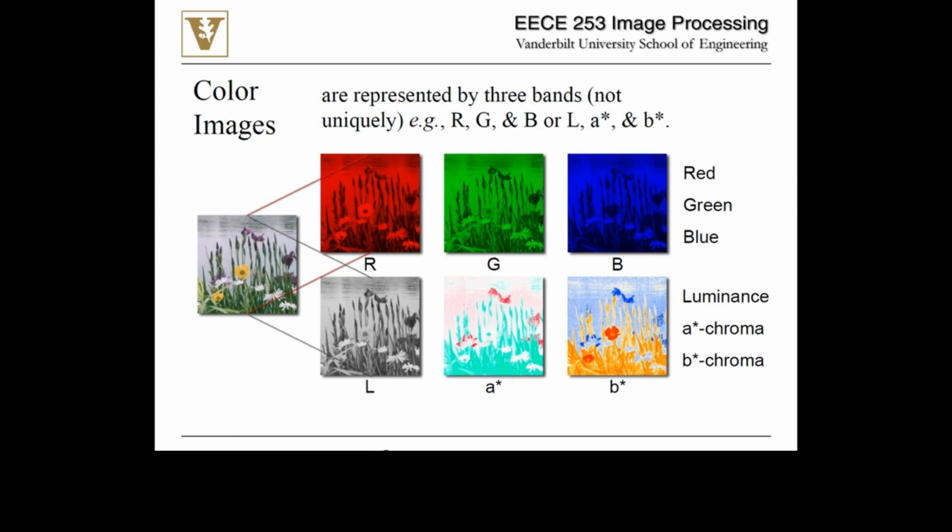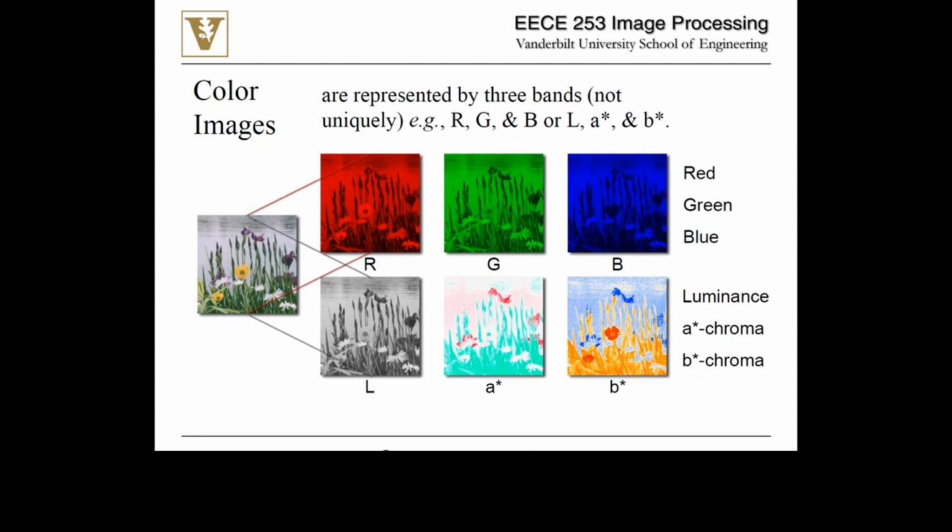So for instance, we can have the RGB that we are already familiar with, but we can also construct something that is decomposed into luminance, that is basically how many photons are arriving, and what are the wavelengths of those photons. So those are called chroma, chrominance, hue and saturation.